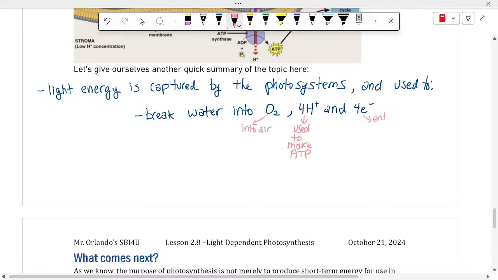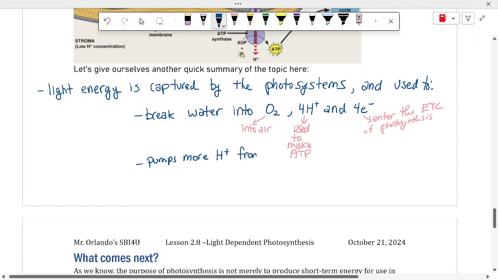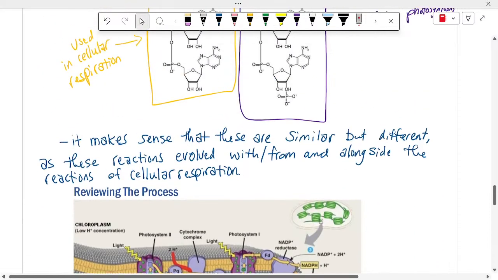And these enter the electron transport chain of the photosystems, right? All right. So then what else does the energy do? It pumps even more H plus from the what to the what, right?